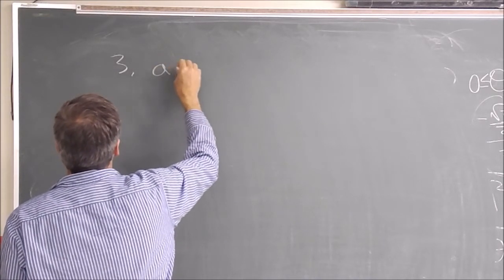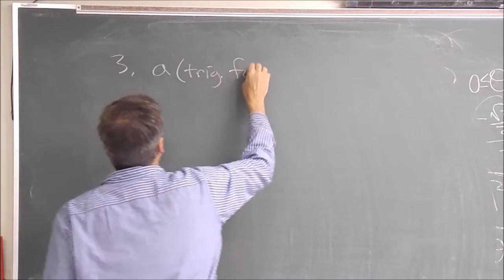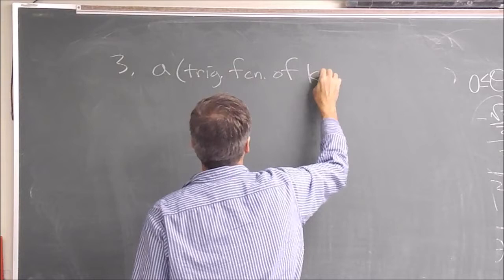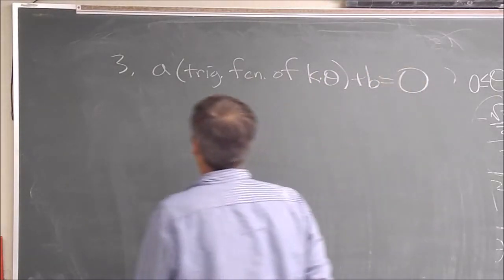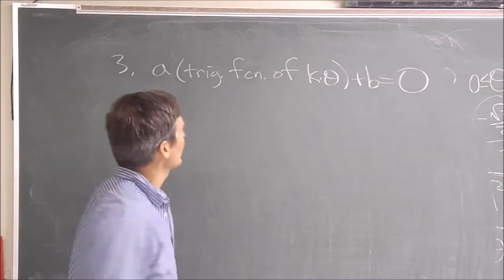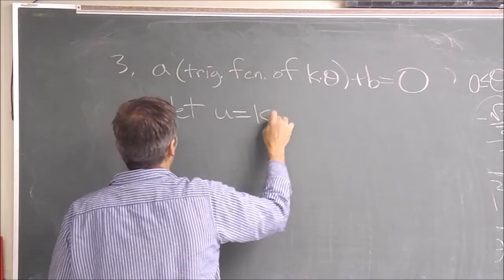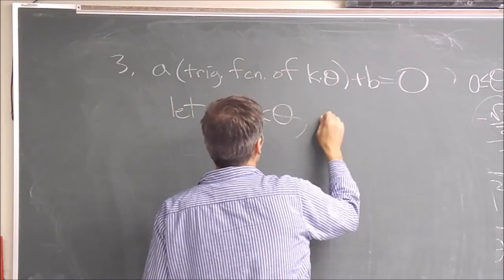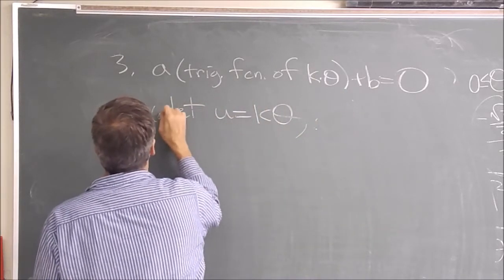If you have a times a trig function of k times theta, a multiple of theta, plus b equals 0, what do you do for this one? You try and make it like the last one. So you just let u equal k theta and solve on the unit circle for u.